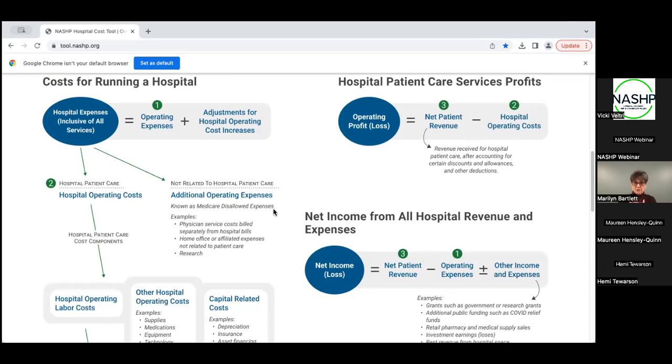These are sometimes known as Medicare disallowed expenses. So there will be physician costs, if they were included in the expense, that are billed under separate methods from the hospital bill. There'll be home office or affiliated expenses that weren't related to patient care. Research is moved out because research revenue is not in hospital operating.